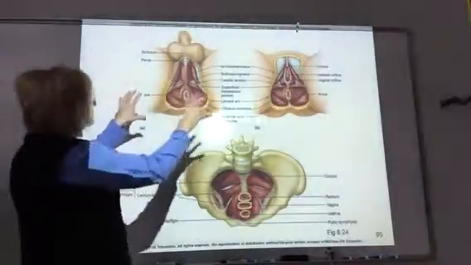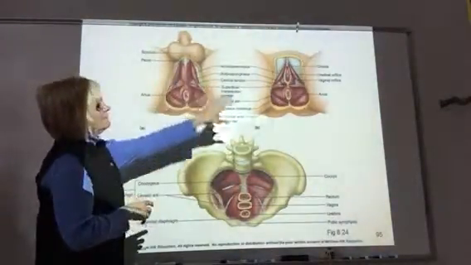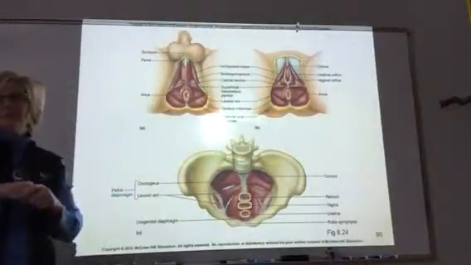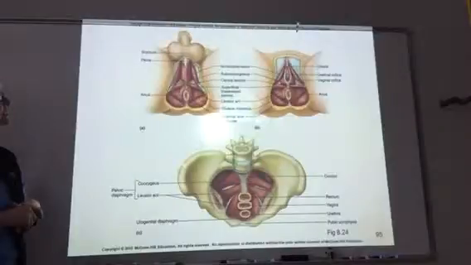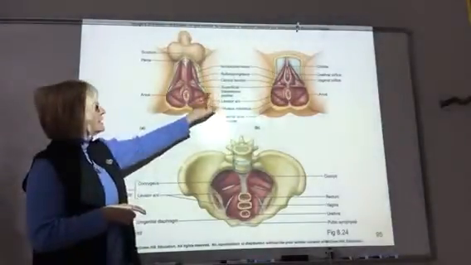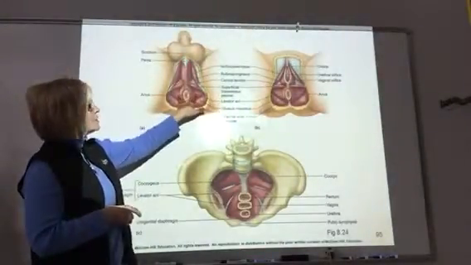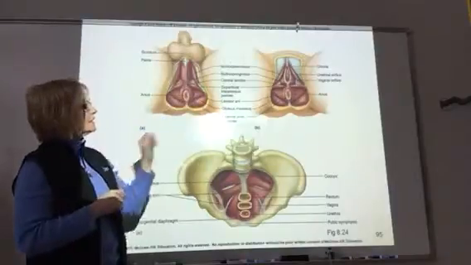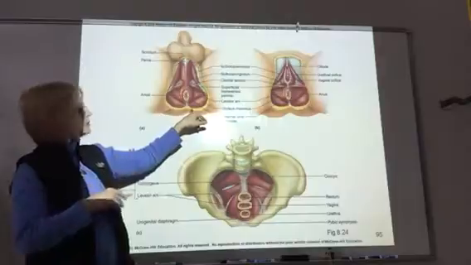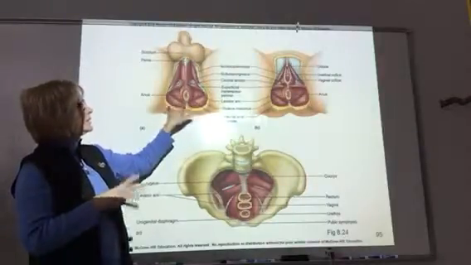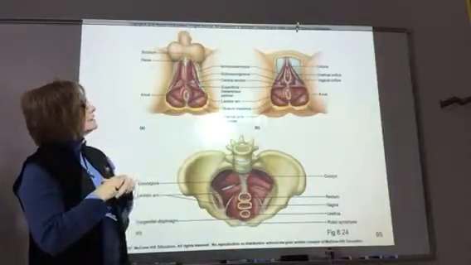So if I look at male and female, a little bit different, but not a lot. There's a lot of similarities that you can see. So levator ani is going to be surrounding the anal area on both sides. Gluteus maximus, the large butt muscle, is right in that area.